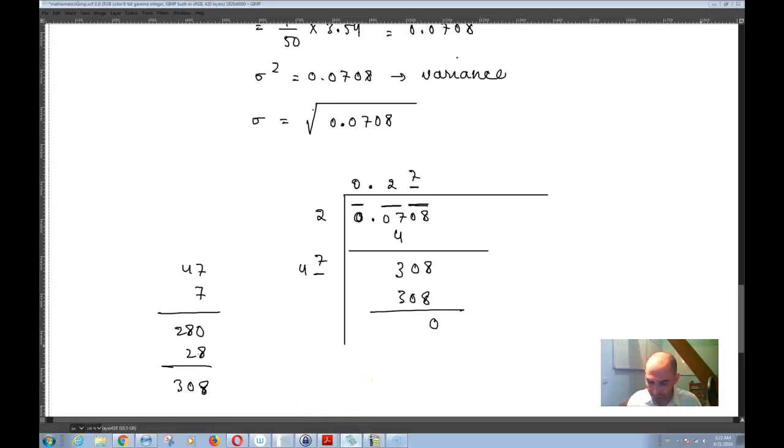Now 0.27 raised to the second power is equal to 0.729. And if I take the square root of 0.0708, I get 0.266.